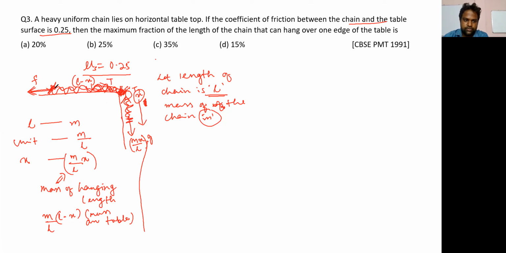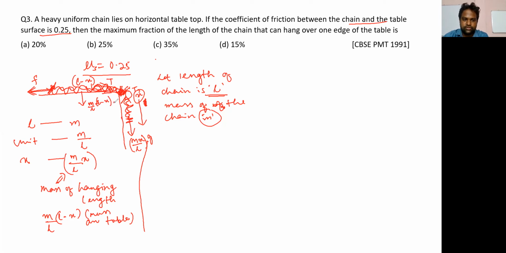And due to the mass of the chain which is over the table, there will be an mg downward due to the weight, and m is M upon L minus x.